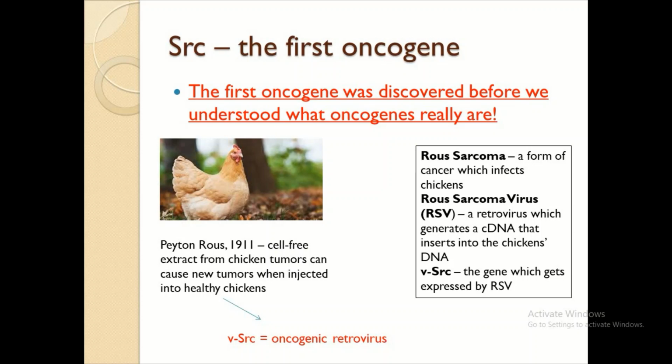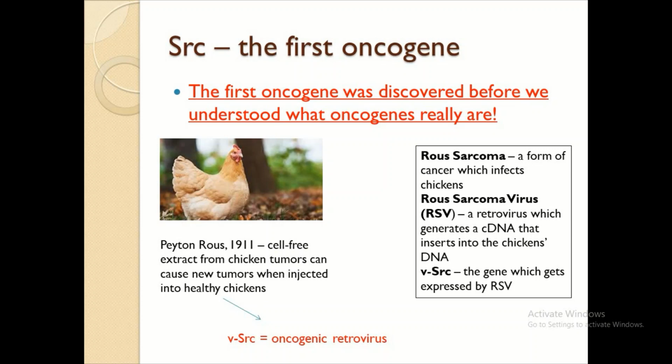Some terminologies are discussed on the right side. Rous sarcoma is a form of cancer which infects chickens, and Rous sarcoma virus, RSV, is a retrovirus. A retrovirus means a virus which contains RNA as its genetic material instead of DNA.